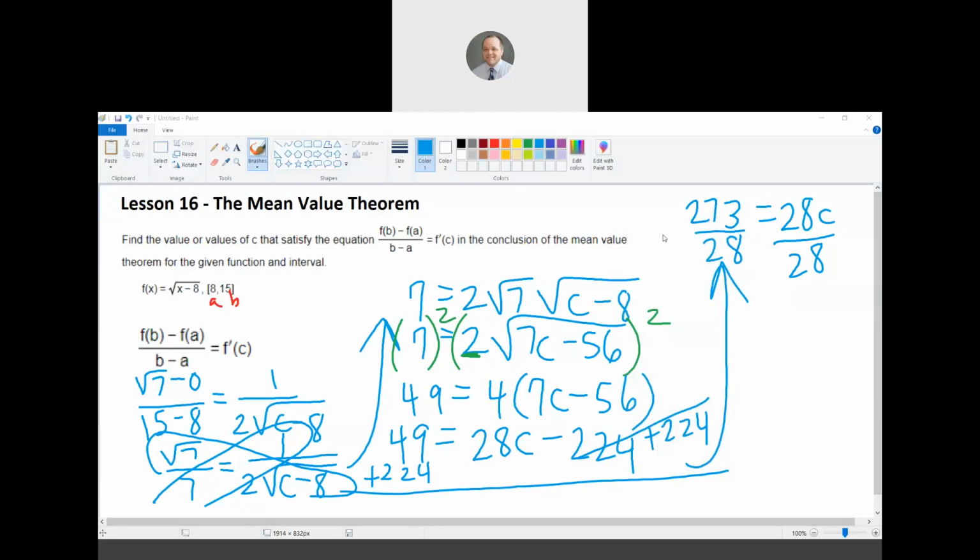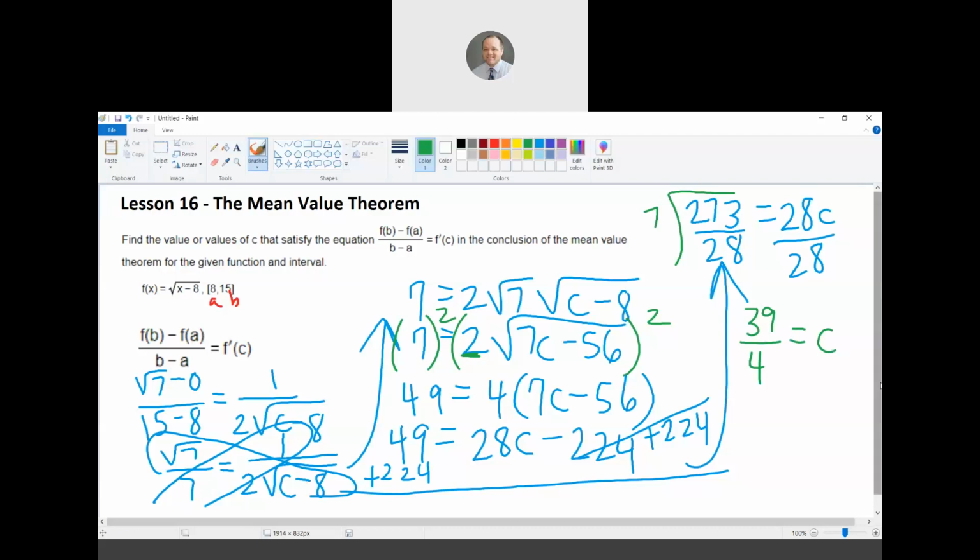Hang on just a minute. 273 by 7. Yeah, actually 273 and 28 are both divisible by 7. So that would give us 39/4 for C.